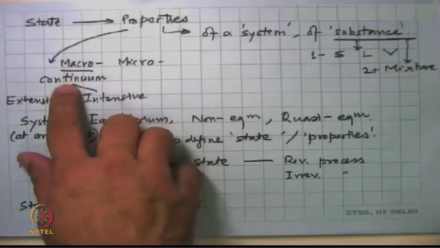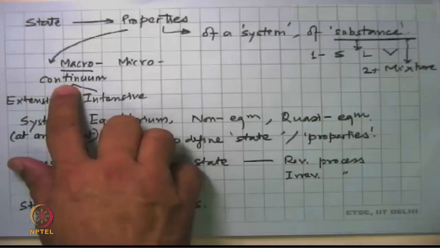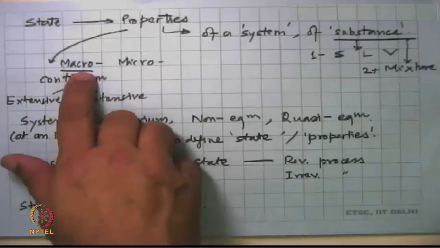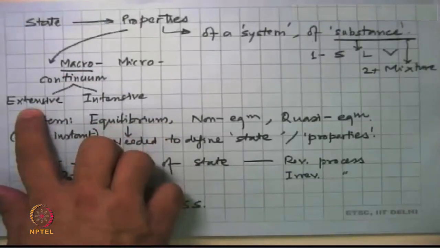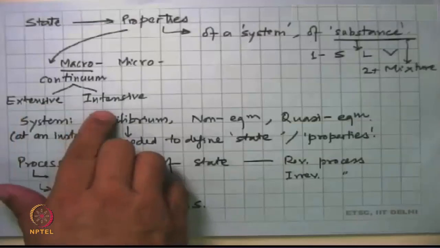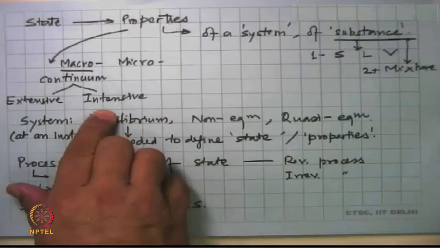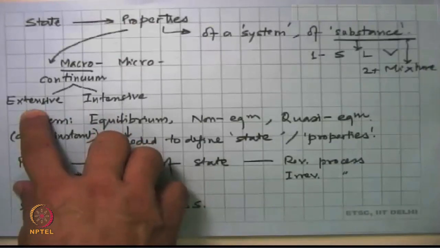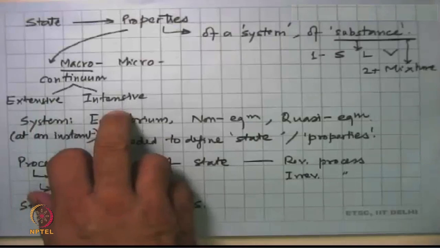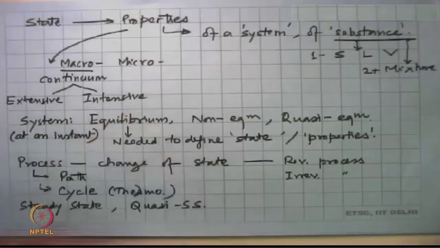That also leads us to the concept of a continuum, and we follow the macroscopic approach in this course and define properties either as extensive or intensive properties. Extensive ones are those that depend on the size of the system. Intensive are independent of the size of the system.